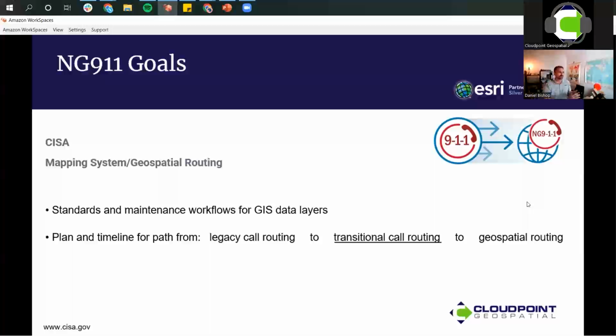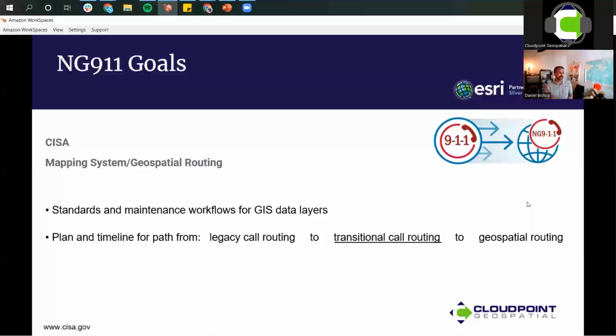Each individual PSAP customer CAD software has its own peculiar requirements or setup. NG911 will solidify a standard nationally for what that GIS data set should be, and how often that data set needs to be updated to make sure that the GIS data that we're using for emergency response is as accurate as possible.